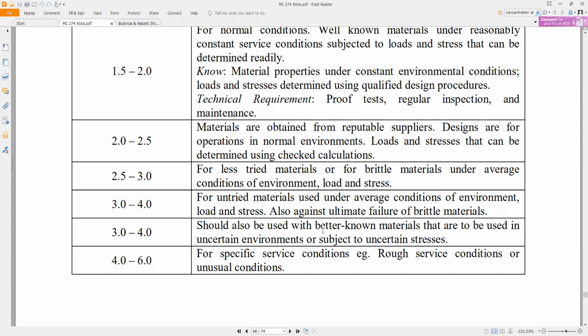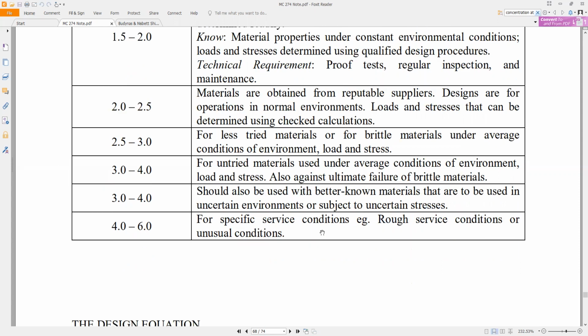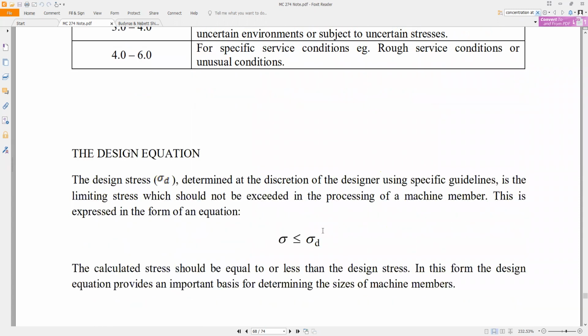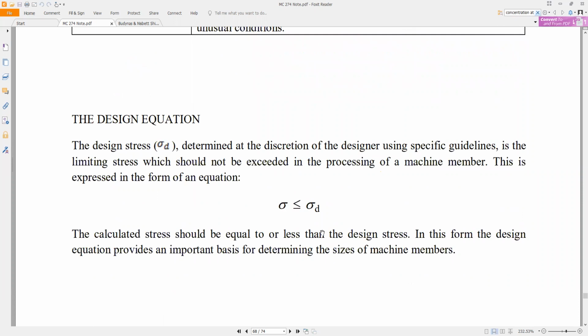So the materials are known, but if the operating conditions are not certain, we could use 3.0 to 4.0. Then from 4.0 to 6.0, for specific service conditions, for example rough service conditions or unusual conditions, then this range would also be used. Okay. So let's continue.